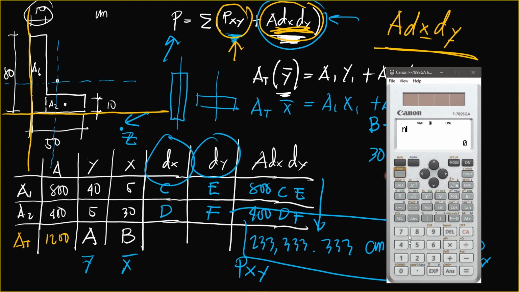Number 5, 1, then DX, the standard deviation of x, which is number 3.